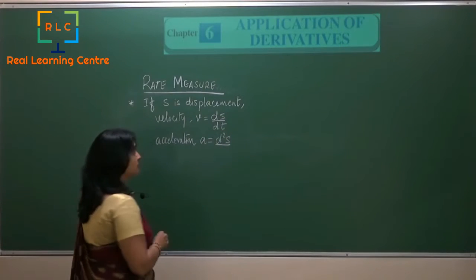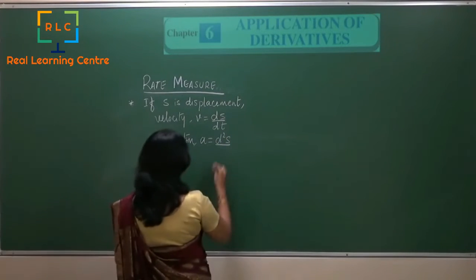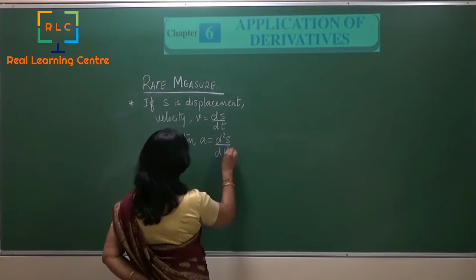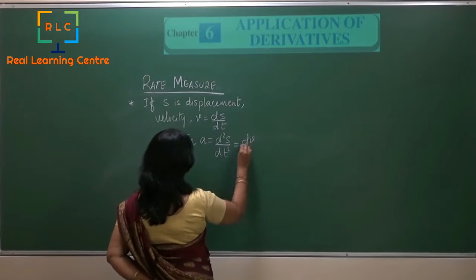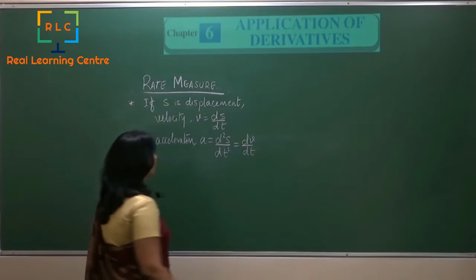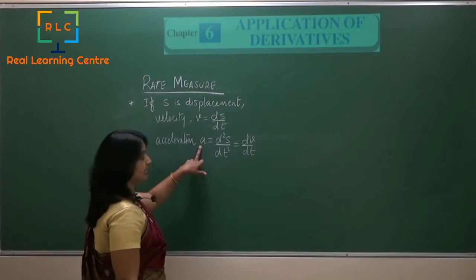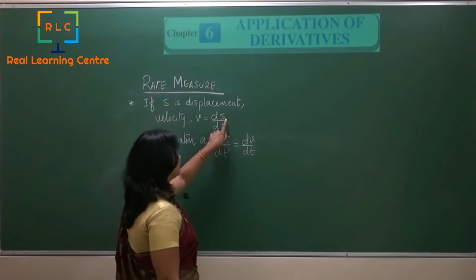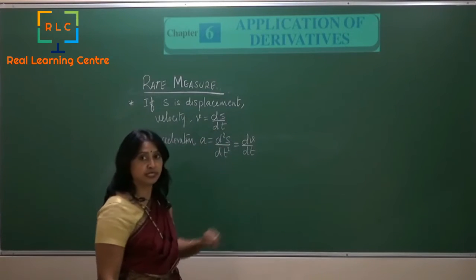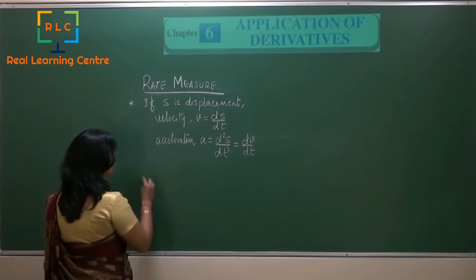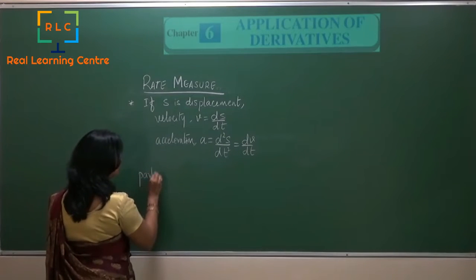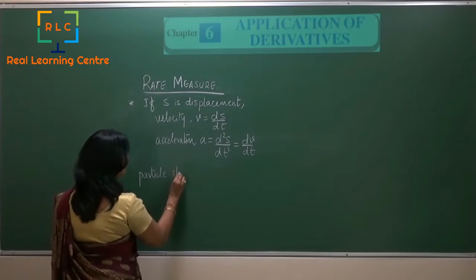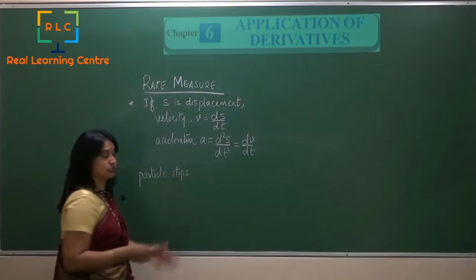You differentiate this velocity, you will get acceleration, d square s by dt square. It is also equal to dv by dt. I told you velocity, if you differentiate, you will get acceleration, that is double time differentiation of the displacement, you'll be getting acceleration.